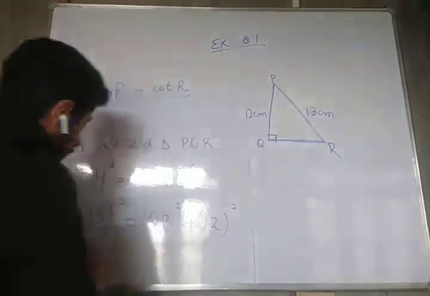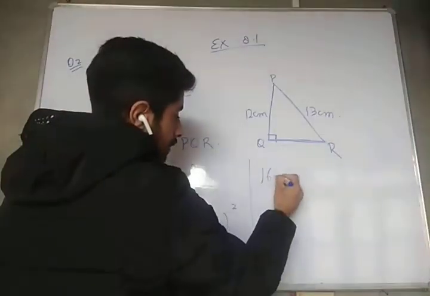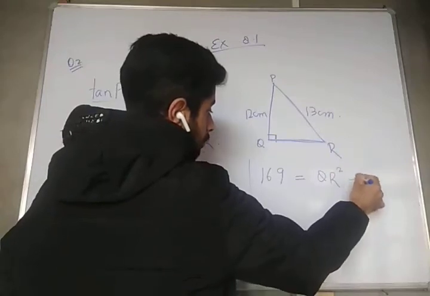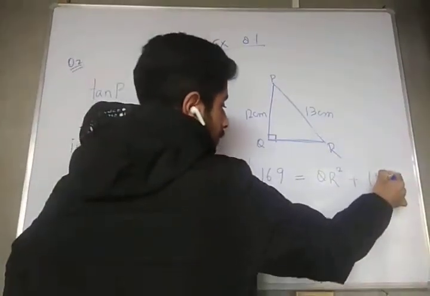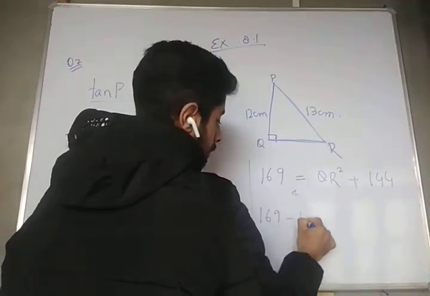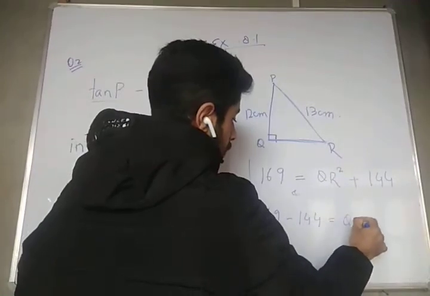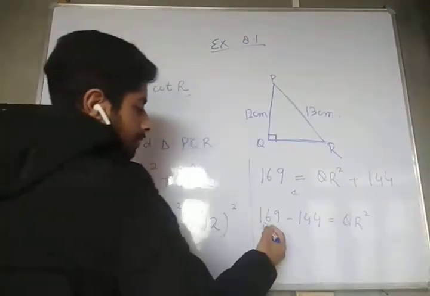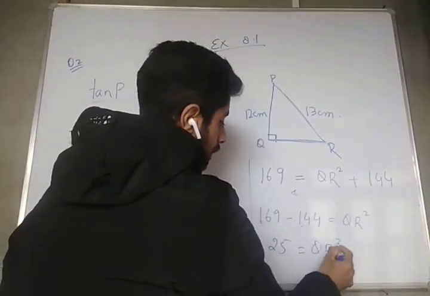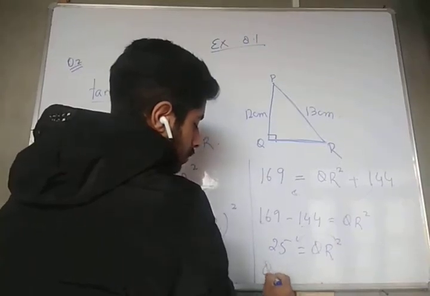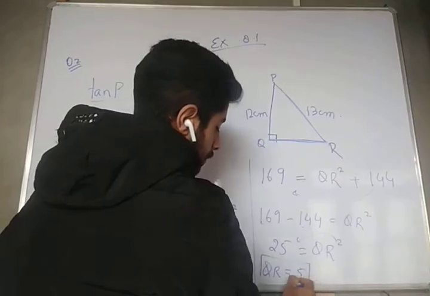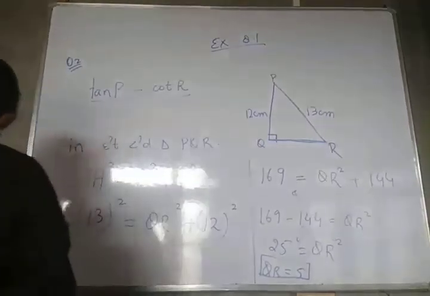Now 13 square is 169, equal to QR square plus 12 square. 12 square is 144. So take 144 to this side: 169 minus 144 is equal to QR square. And 169 minus 144 is 25, so QR square is 25. Now the square will come as root over here. So QR will be equal to 5 because square root of 25 is 5.